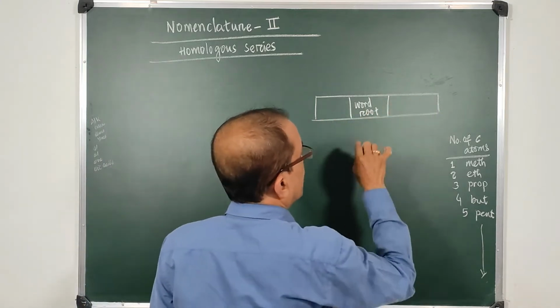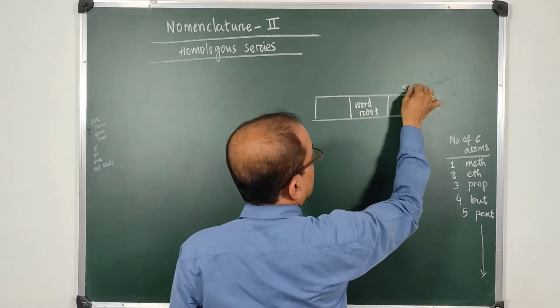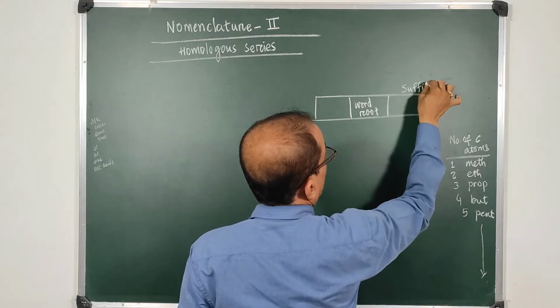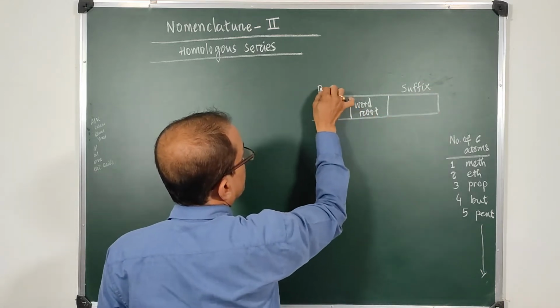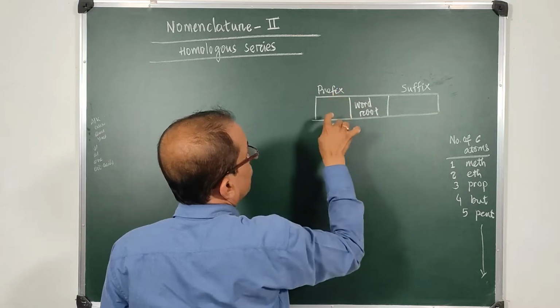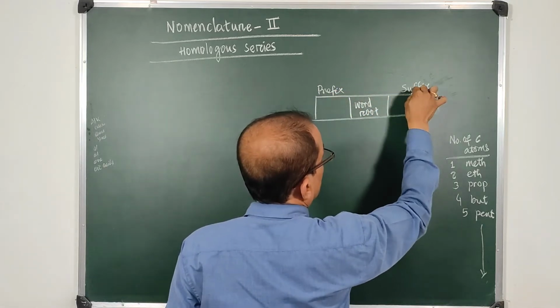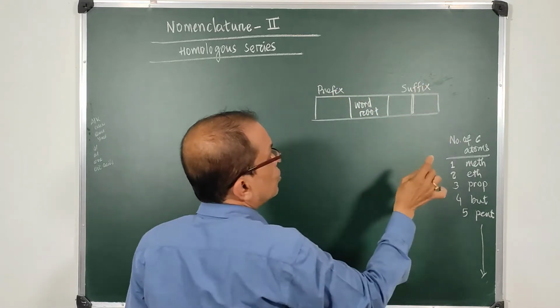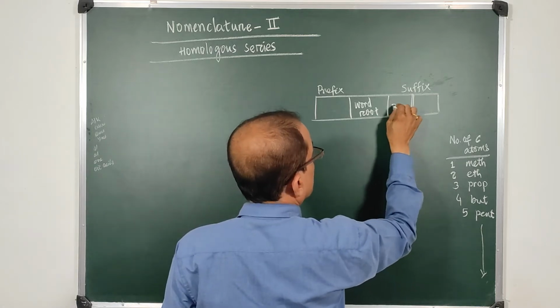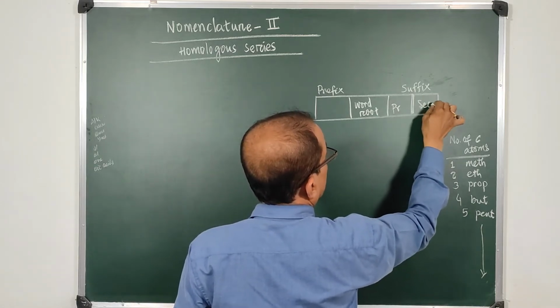The last part is called the suffix part, because after something is suffix, before something is prefix. Both the prefix part and suffix part also further are divided into two. This is the primary suffix and this is the secondary suffix.